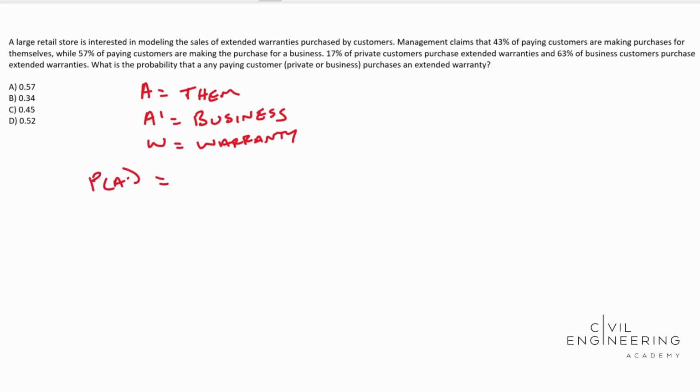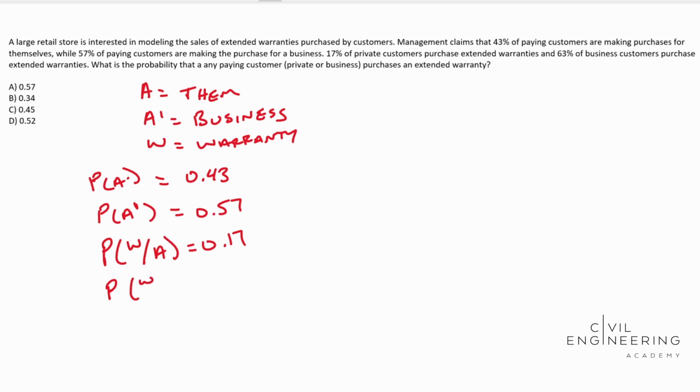Well, that's going to be 43%, so 0.43. Probability of A naught, that's going to be 57%. Okay, so the probability of somebody getting a warranty for themselves is 17%. Probability of them getting a warranty for a business is 63%.